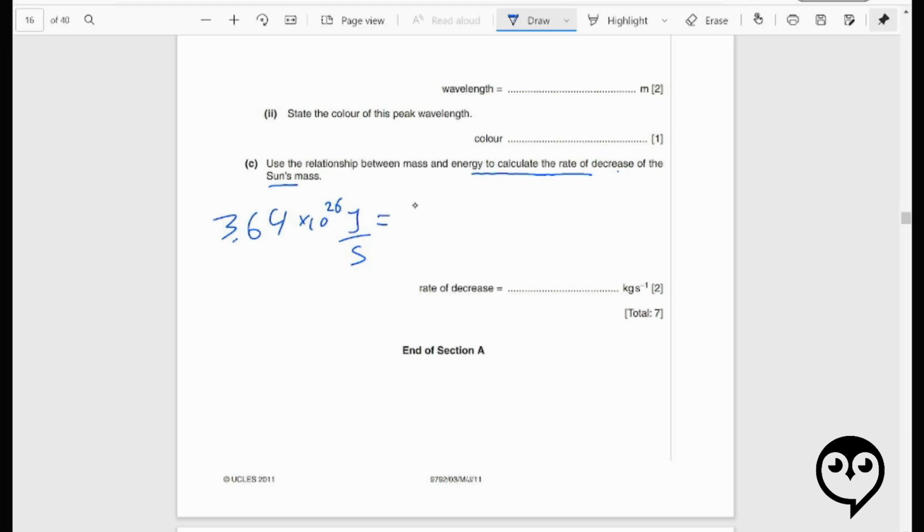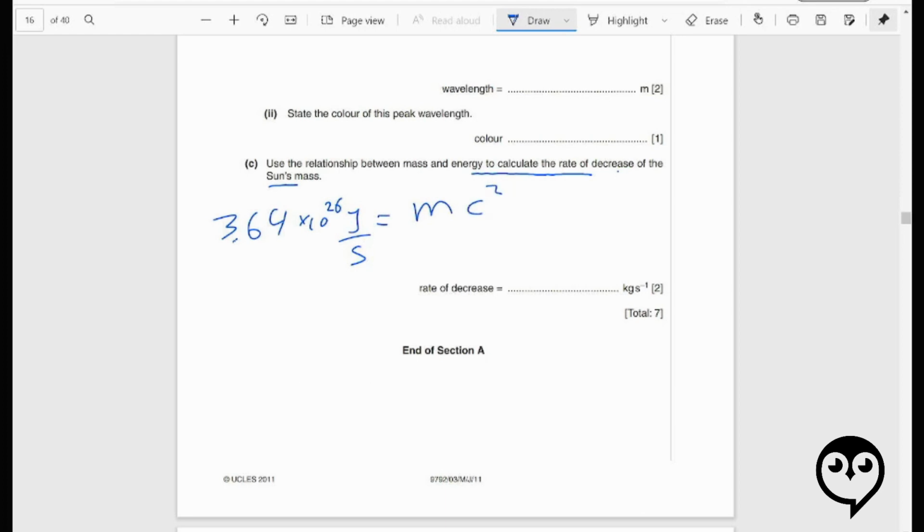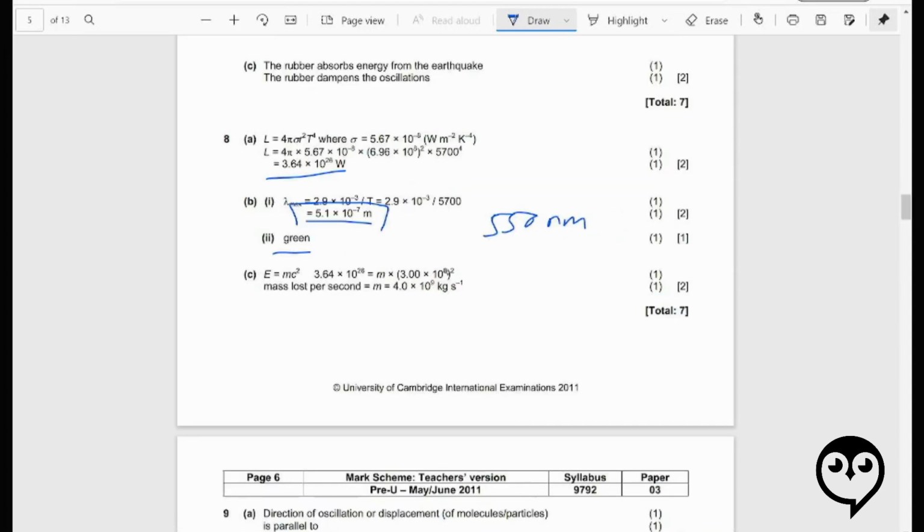Well, that should be equal to a certain amount of mass times the speed of light squared. So if we take that 3.64 times 10 to the 26 and divide by the speed of light squared, that gives me 4.04 times 10 to the power of 9, kilograms per second. Okay, yeah, and there we go. So that's 4 billion kilograms per second.